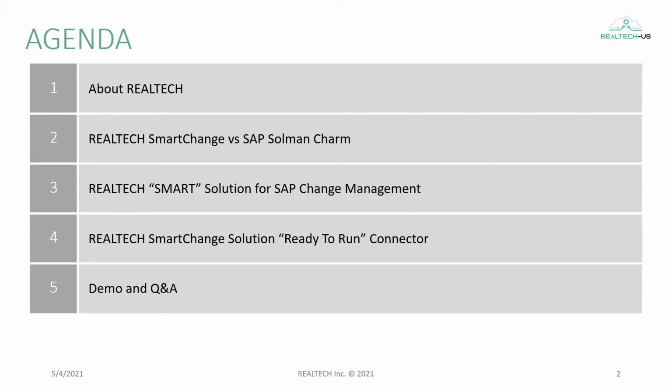We also have a connector that would pull Solution Manager Charm data out and into our namespace and our tables for a seamless start with our SmartChange transport management solution.